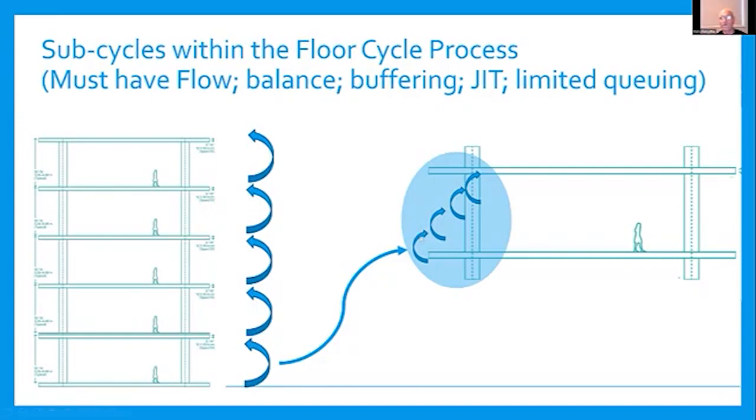But we don't want large queuing, where this first sub-cycle is producing many times more than this second sub-cycle can handle. So we're trying to balance our crew sizes to make sure everyone's occupied, no one's hanging around doing nothing, and that it's a smooth process. And that, to some extent, incorporates this just-in-time approach.